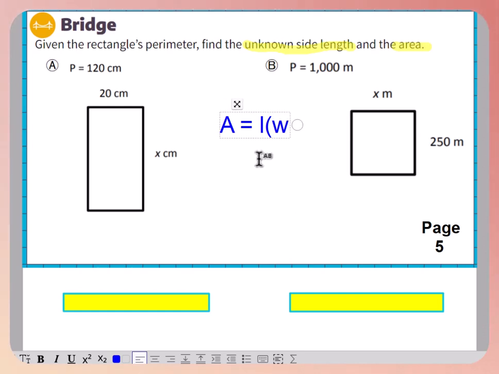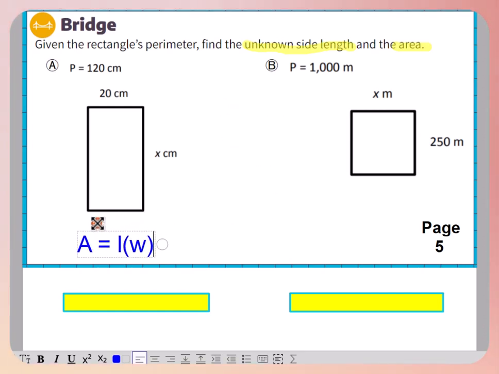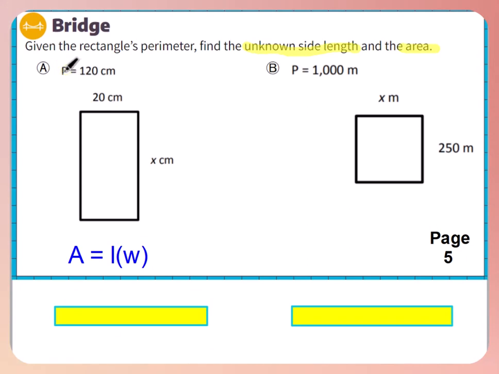Now I'm not going to use x to represent multiplication because we confuse that with variables. So I'm just going to put w in parentheses, put those side by side. We are going to have to find area, but first we're looking at perimeter.